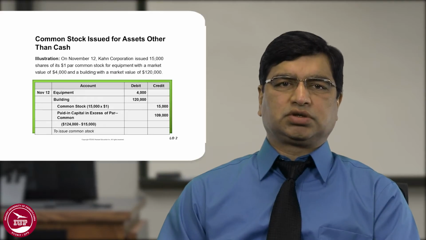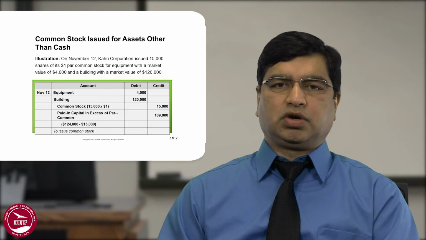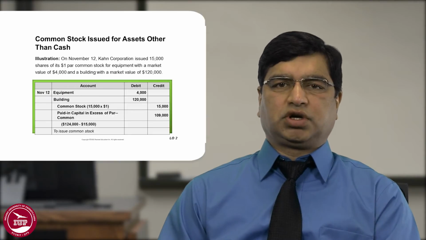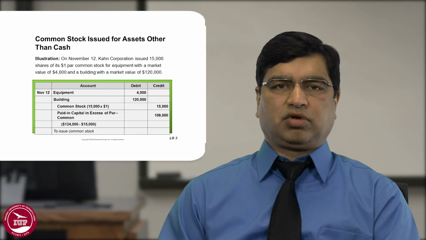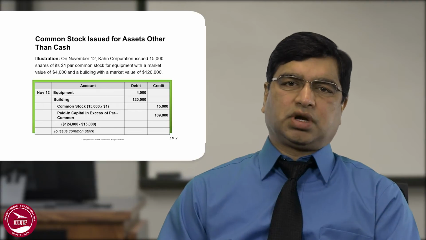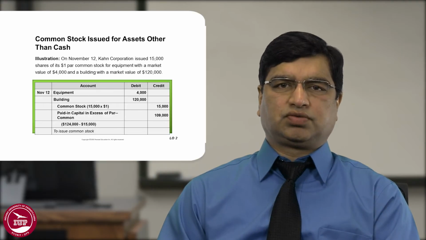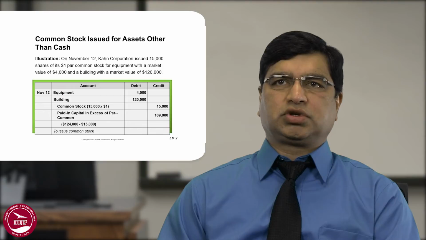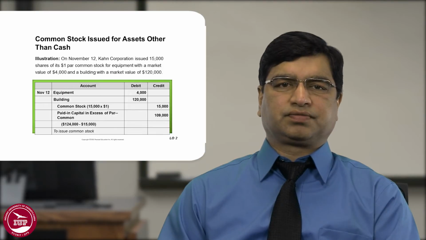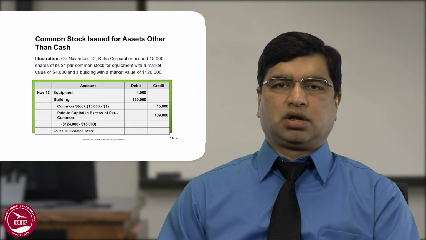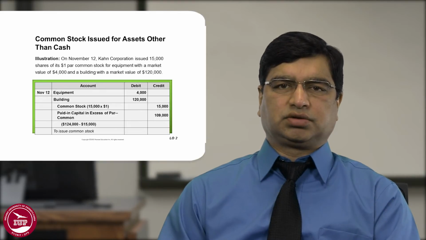So in this case, instead of cash, you're getting equipment worth $4,000 and a building worth $120,000. Both of those are debited as they are increasing. The common stock is created at the par value, that is 15,000 shares issued in lieu of the equipment and the building. So the common stock gets created by 15,000, and then the additional paid-in capital in excess of par is the remaining 109,000.